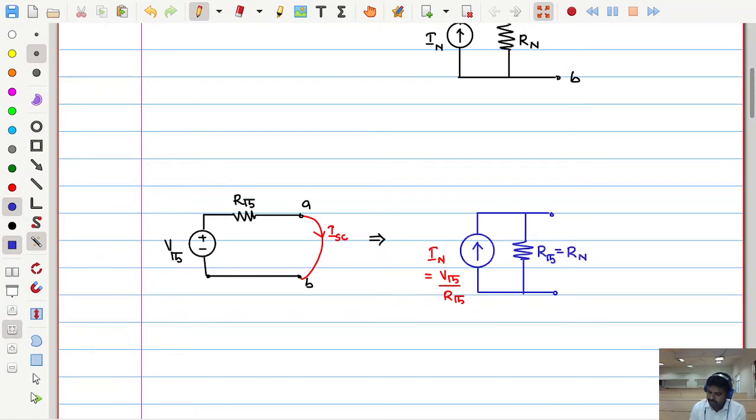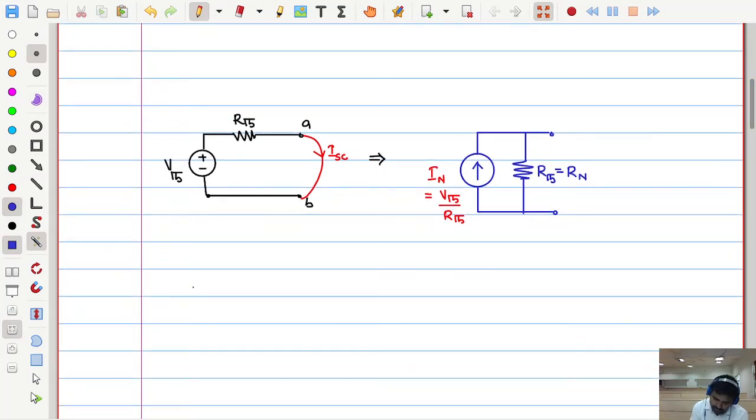Now see that you can have the relationship between the Thevenin's equivalent and the Norton's equivalent. So let me put up all the relationships over here. The short circuit current is equal to Norton's current, which is equal to Thevenin's voltage divided by Thevenin's resistance.